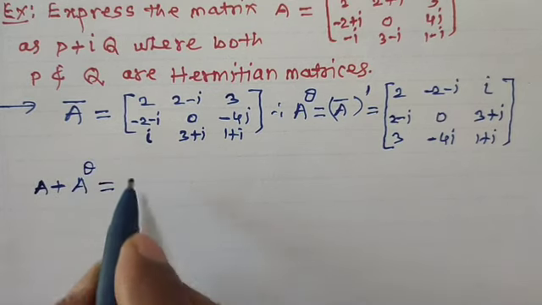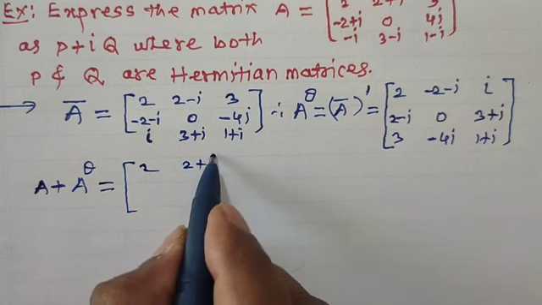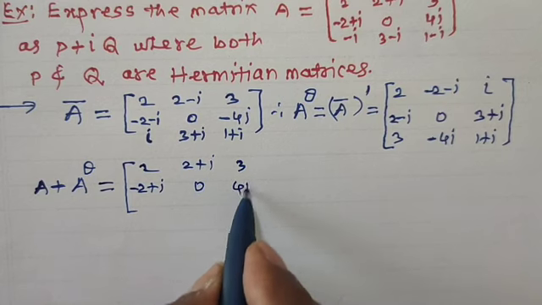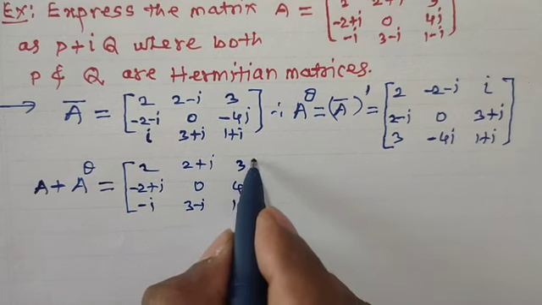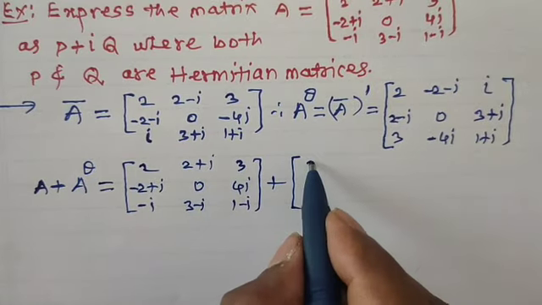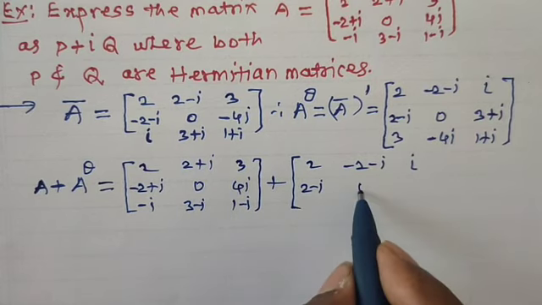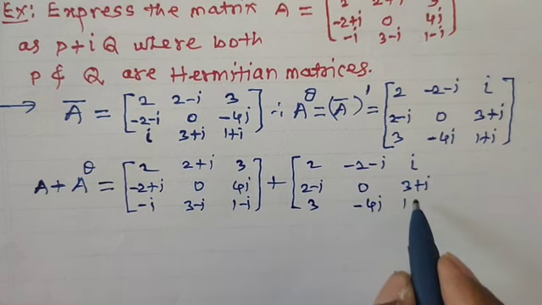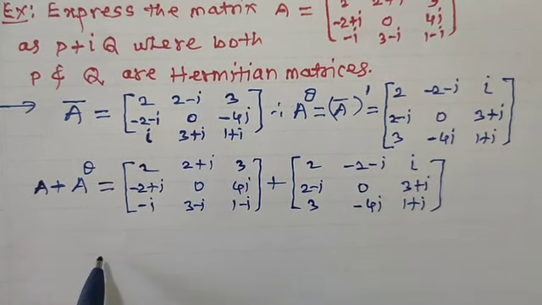A plus A theta is equal to, write the matrix A, 2, 2 plus I, 3, minus 2 plus I, 0, 4I, minus I, 3 minus I, 1 minus I, plus conjugate transpose of A, this one, 2, minus 2 minus I, 2 minus I, 0, 3 plus I, 3, minus 4I, 1 plus I. Addition of these two matrices, that is nothing but addition of corresponding elements.